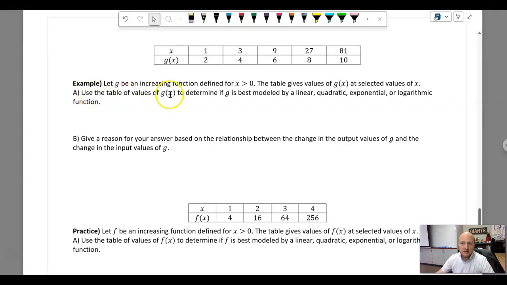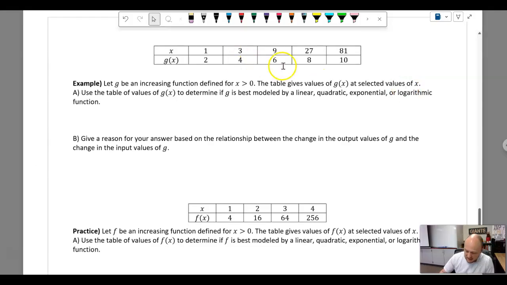Use the table of values of g of x to determine if g is best modeled by a linear, a quadratic, an exponential, or a logarithmic function. So the first question here, A, if this is an FRQ question, is just identify this function. And so what I like to do is I like to see, okay, are my inputs or outputs multiplying? And generally you can see a pattern.